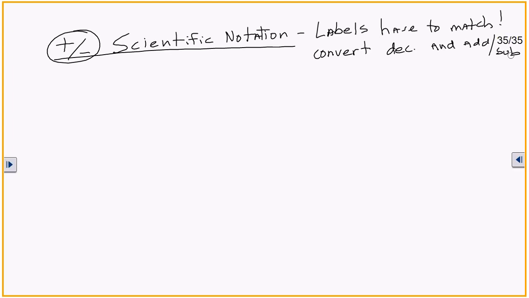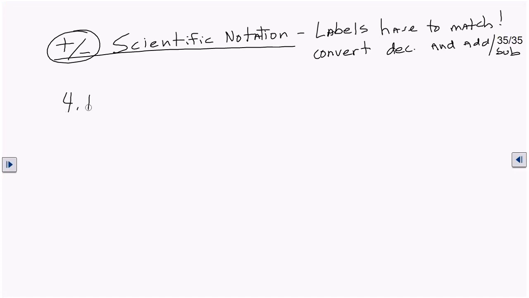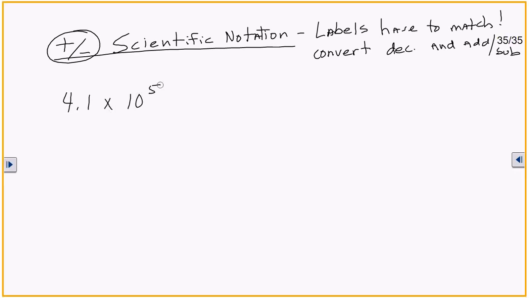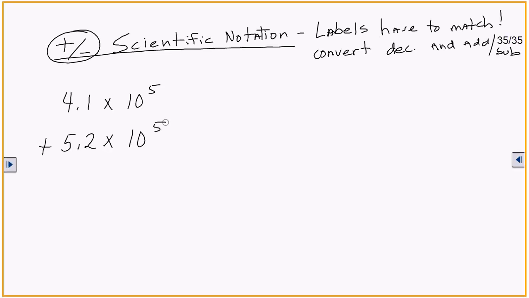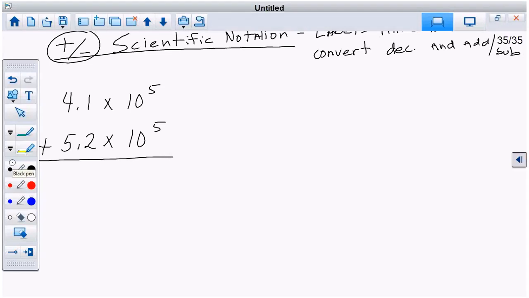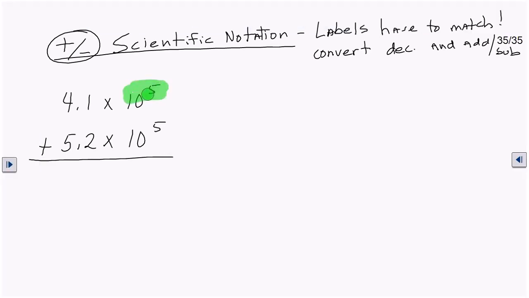If I give you 4.1 times 10 to the 5th, and whether it's a word problem or I just ask you, I ask you to add 5.2 times 10 to the 5th. This can be done because these are the same.